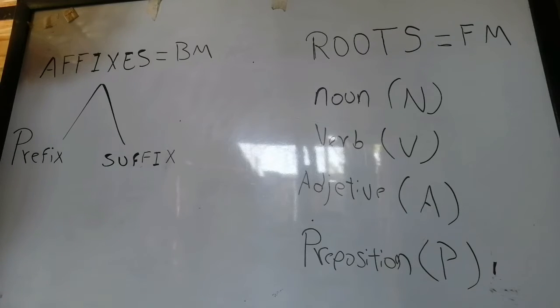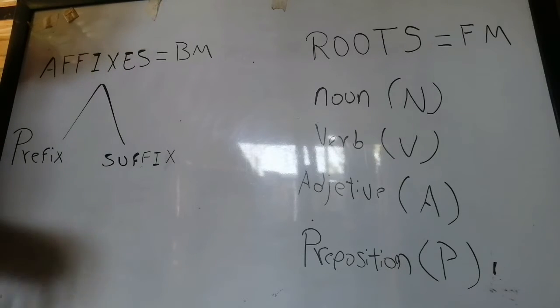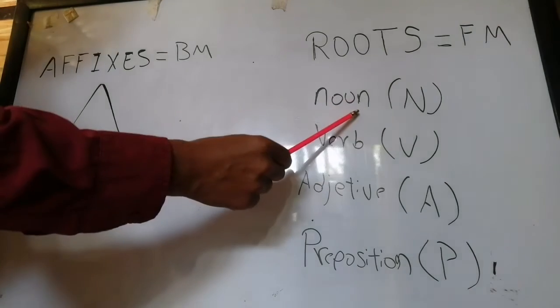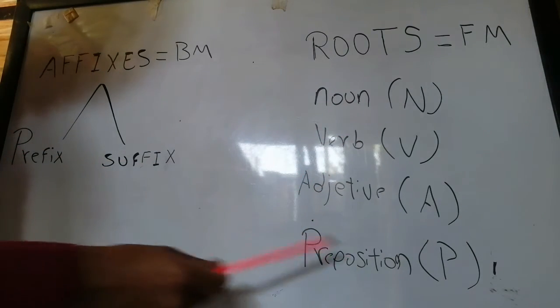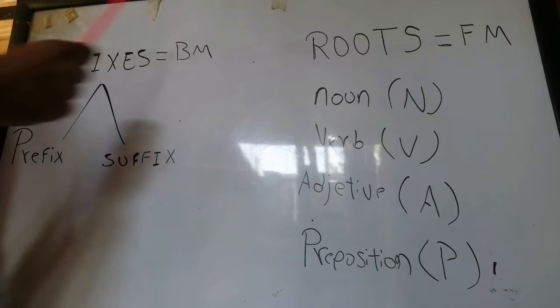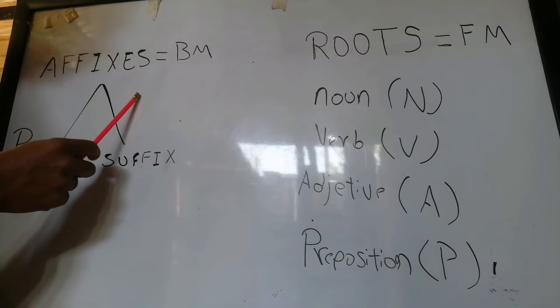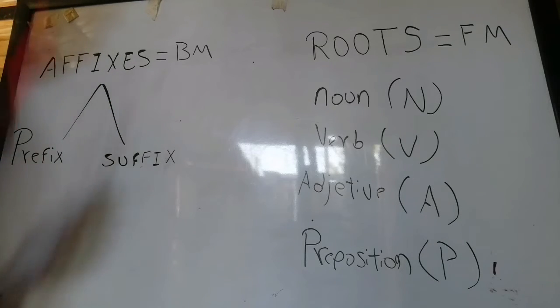The root constitutes the core of the word and carries the major component of its meaning. Roots typically belong to a lexical category such as noun, verb, adjective, and preposition. Unlike roots, affixes do not belong to a lexical category and are always bound morphemes.